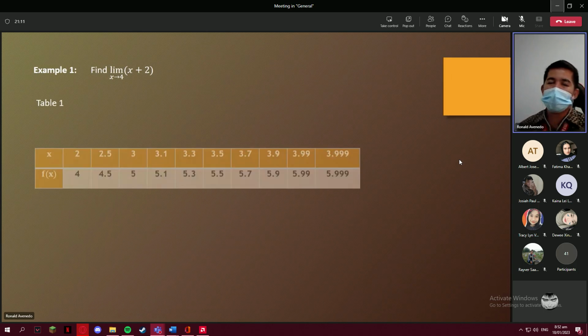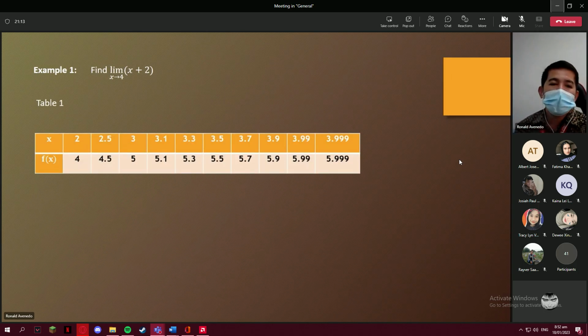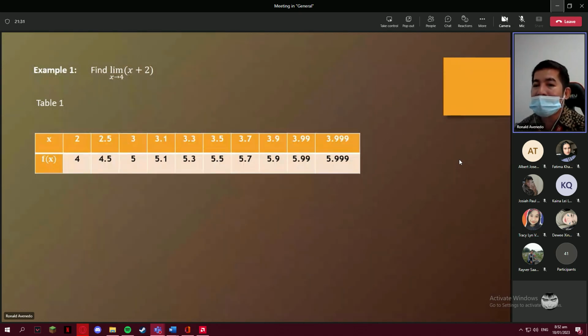So here a table for you to have the idea. So here in our first table, we have here the values of x. Yan sa may orange na part. X is 2, 2.5, 3, 3.1, 3.3, 3.5, 3.9, 3.99, 3.999.